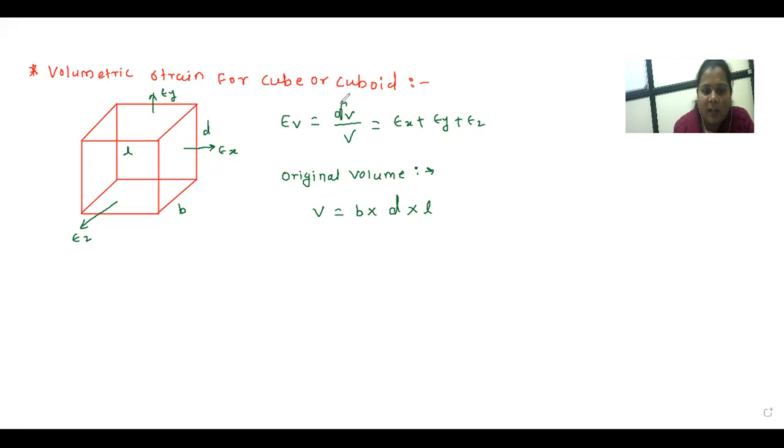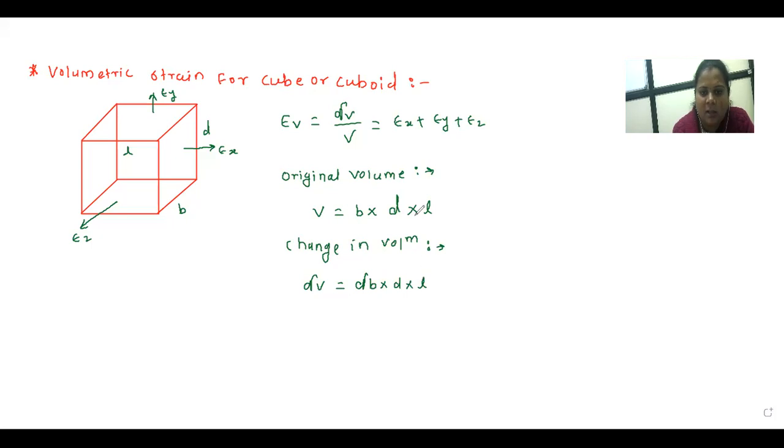Now we have to find out the change in volume. How to find the change in volume? We have to take the derivative of this volume. So the derivative of V is del V, which is equal to: now we will take the derivative of B. The derivative of B is del B into D and L, which we take as it is.